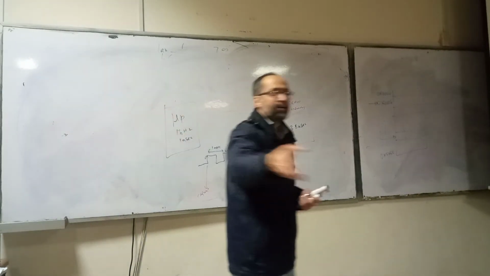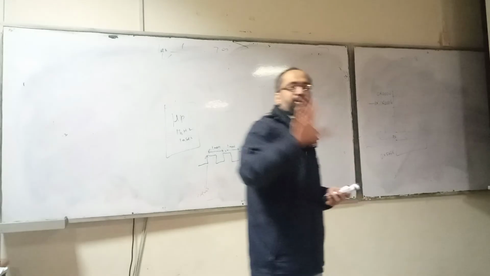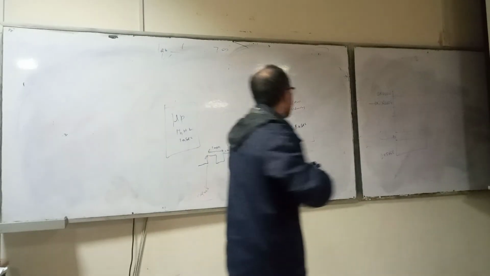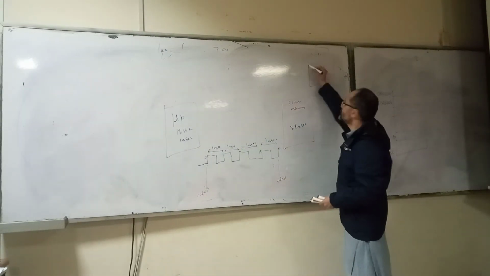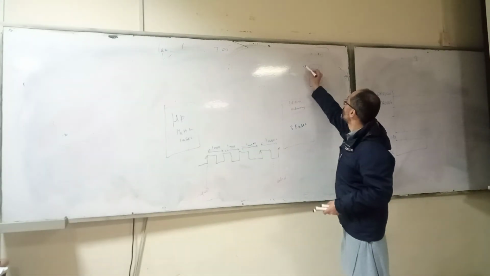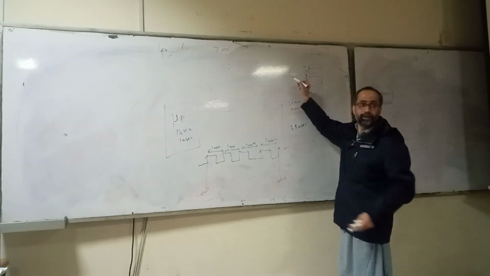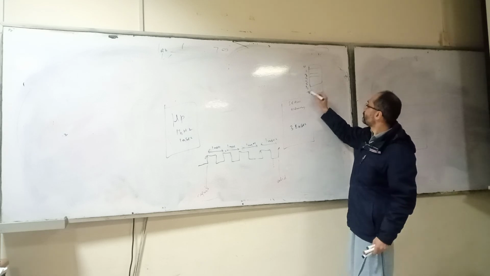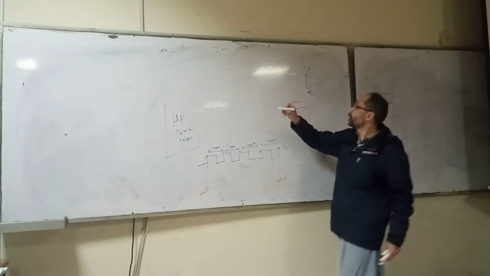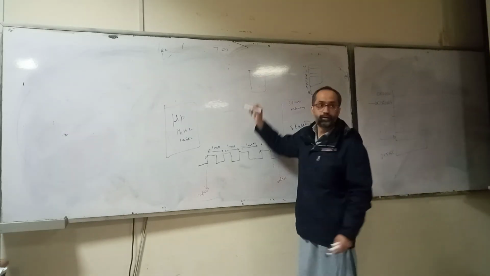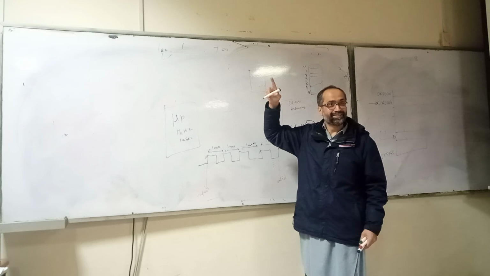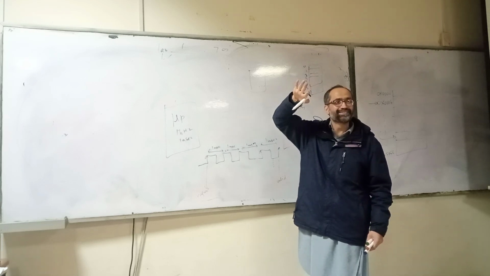If you look here, I am giving you an example of a very simple decoder. Let's assume we have 8 locations, 0 through 7. Because there are 8 locations, you have 3 address lines.